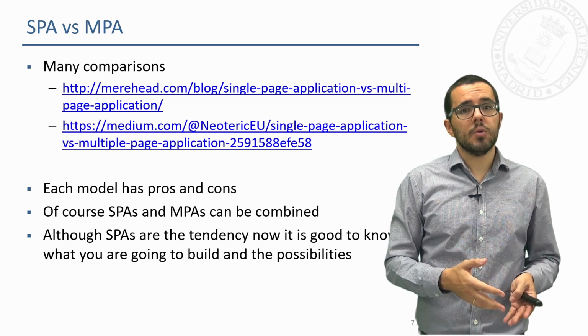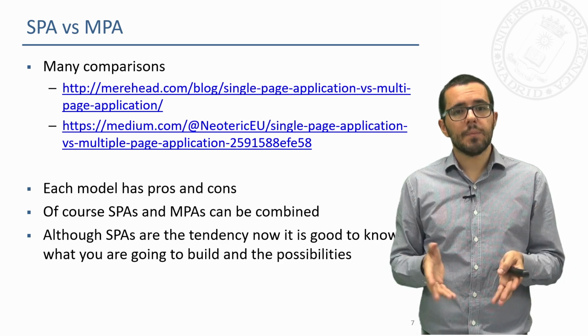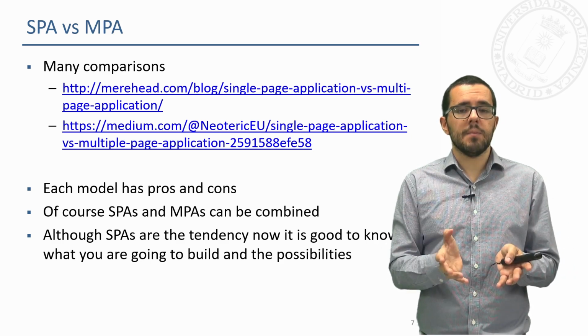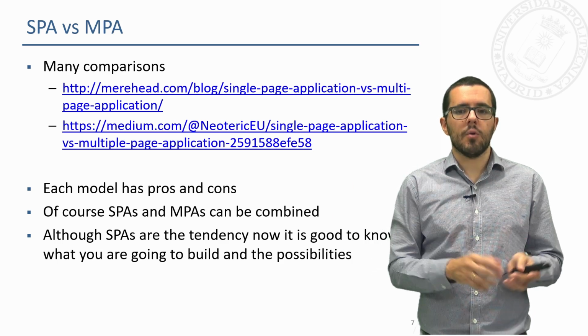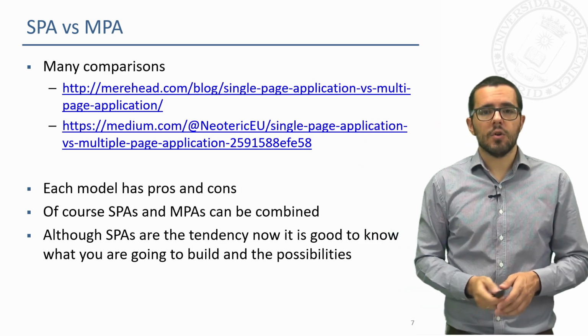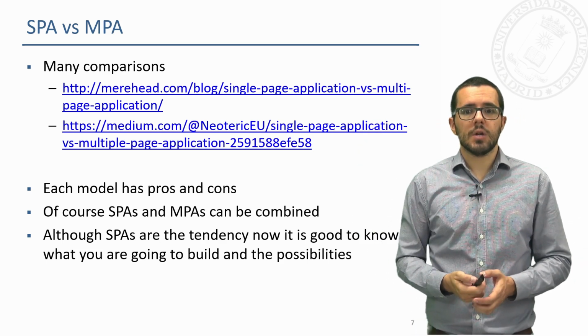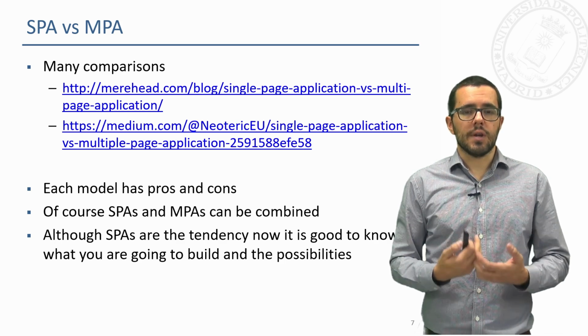They are for the same purpose, but you will have to choose if you create a single page application, everything in the same page, or you create multiple pages like a full site or a platform or something like that. I invite you to read these kinds of comparisons just to see the pros and cons, because you will need to know this if you need to create your next application.